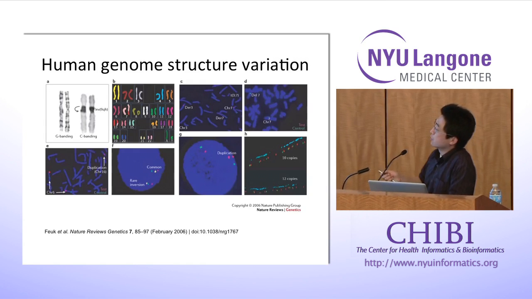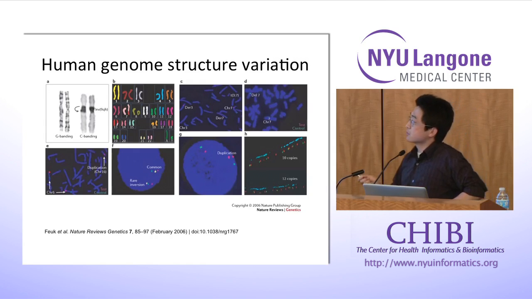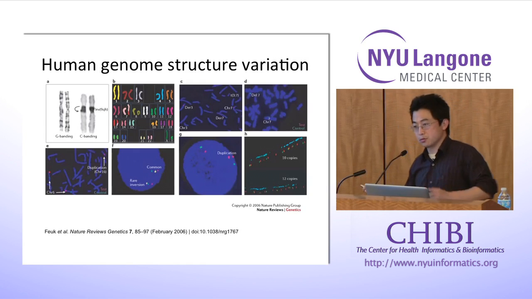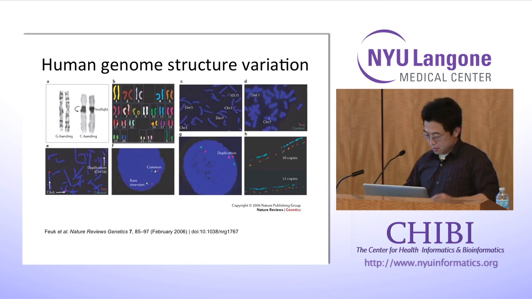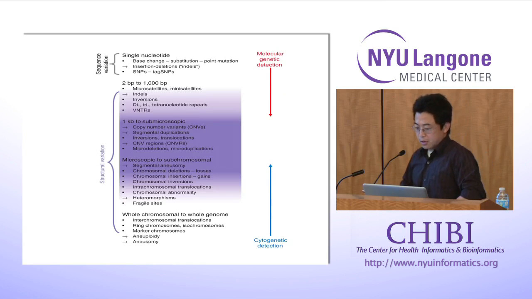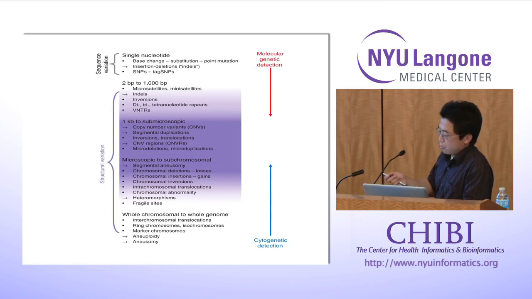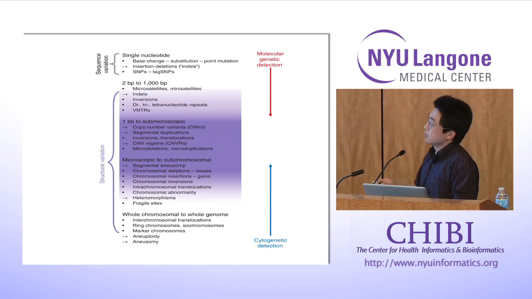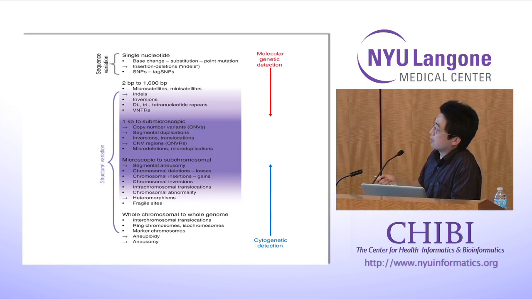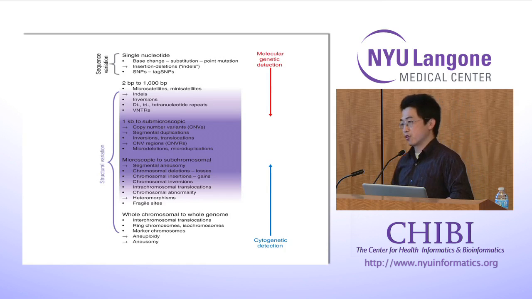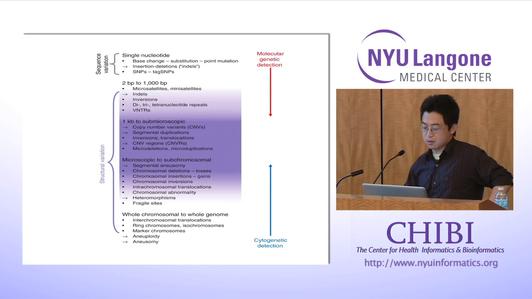It covers the region of about 400 kilobase pair, and this one is a little bit longer, 700 kilobase pair. So we can see that it's a wide range. You can have single mutations to whole chromosome abnormalities, and for copy number analysis, the focus is basically on gains or losses from 1 kb to maybe 3 to 4 megabase long segments.